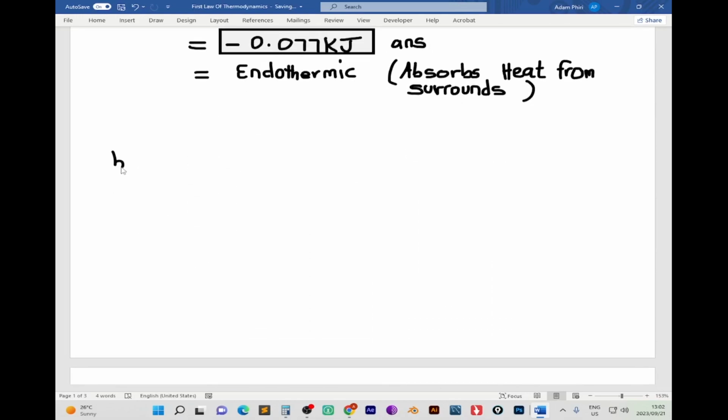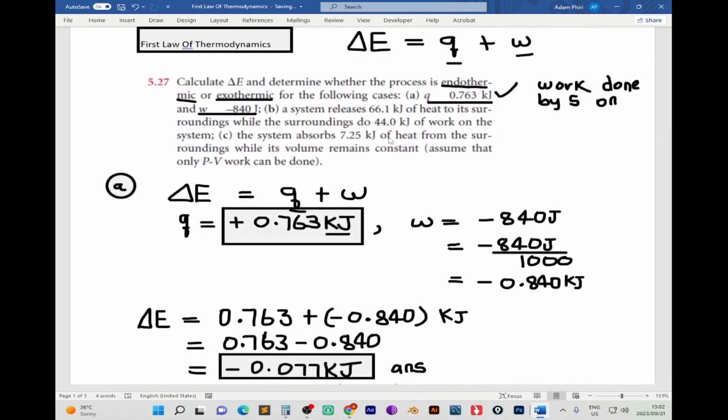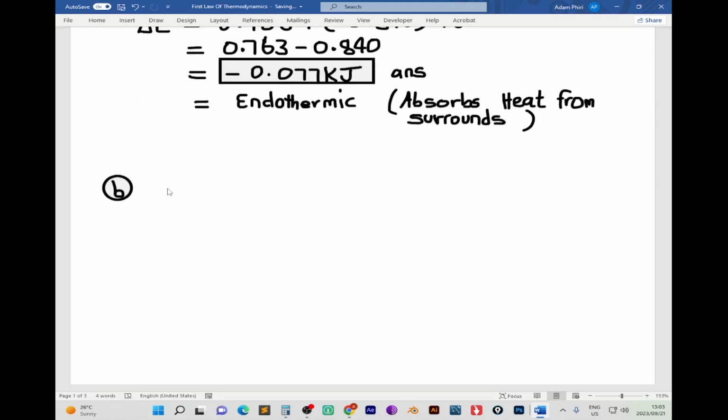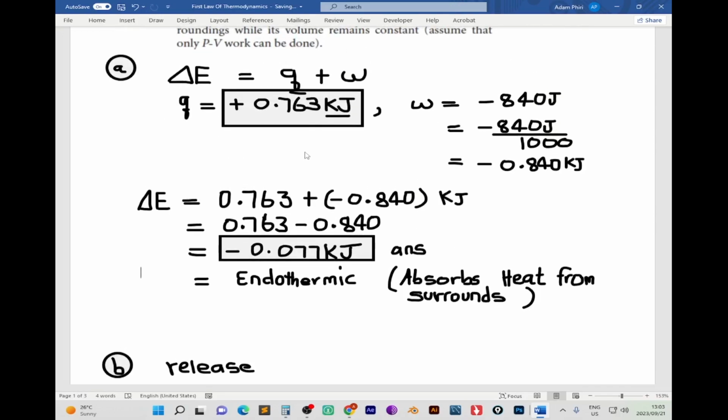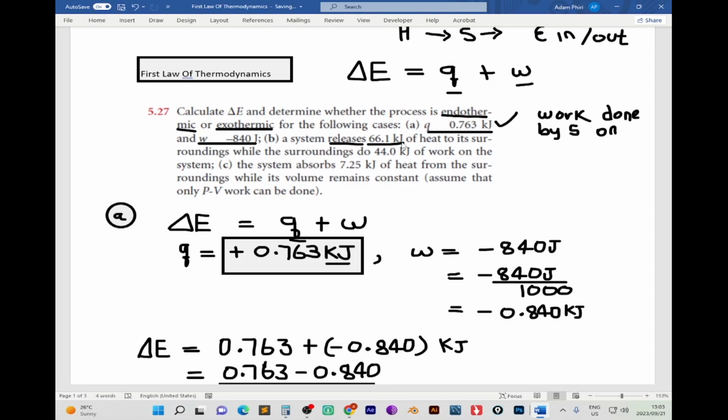All right, now we're going to go for B. Let us look at the information for B. You can pause and go through that. The system releases that amount of energy to its surrounding. Release means it goes out of the system.